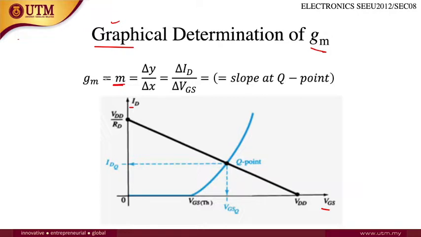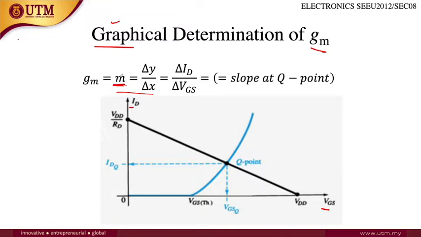It is also equal to the slope of the tangent, which is the gradient of the graph, symbolized as M, where M can be defined as delta Y over delta X. If you still remember, this is mathematics.